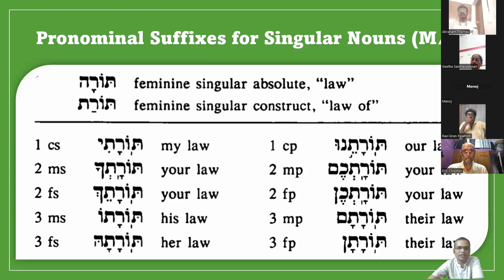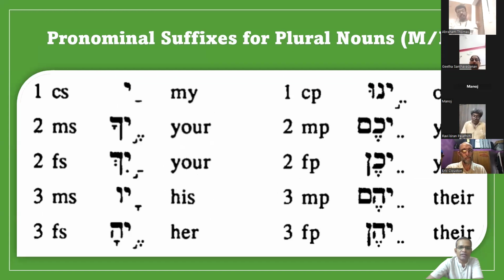So in torati, to is one syllable, ra is another syllable, ti is another syllable. In an open syllable, if there is a short vowel and it is accented, then it is okay. But in this case it is not accented, and that is why patah has been lengthened to qamets. That is the major vowel change you can see. When you are used to it, you will understand.